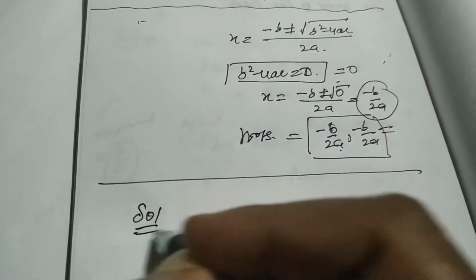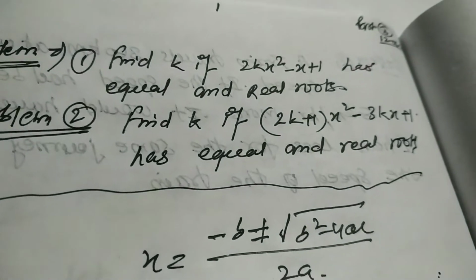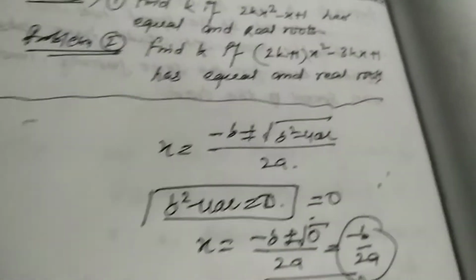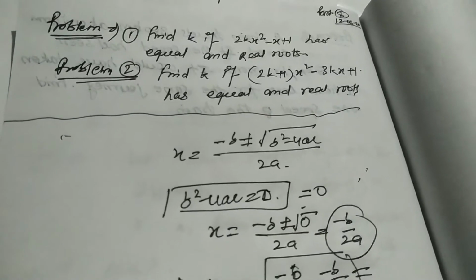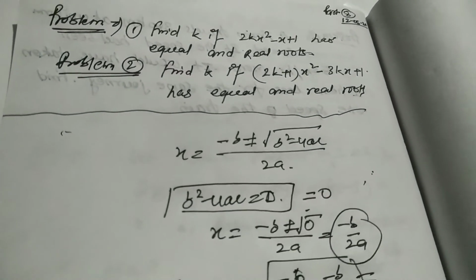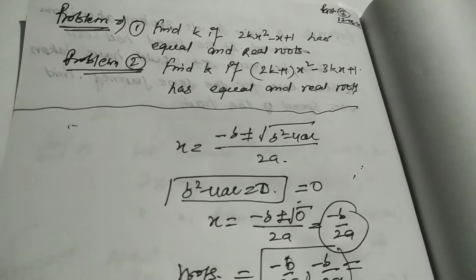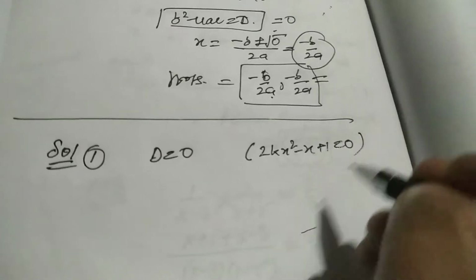The solution number 1: the equation has equal and real roots, right? See, this one has equal and real roots, so D is equal to 0. The equation which we have is 2kx² − x + 1.